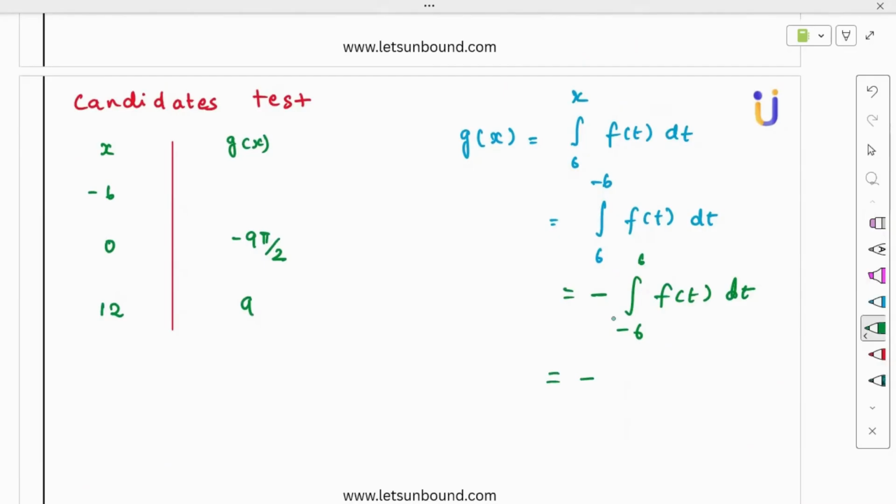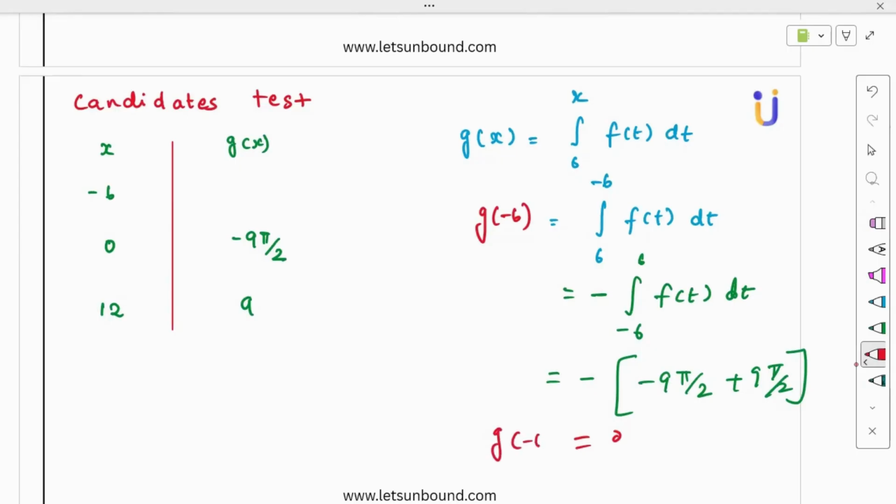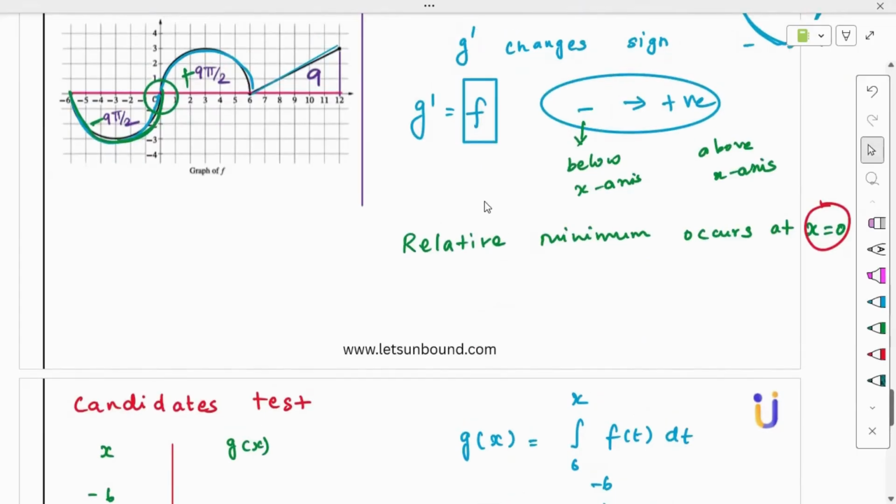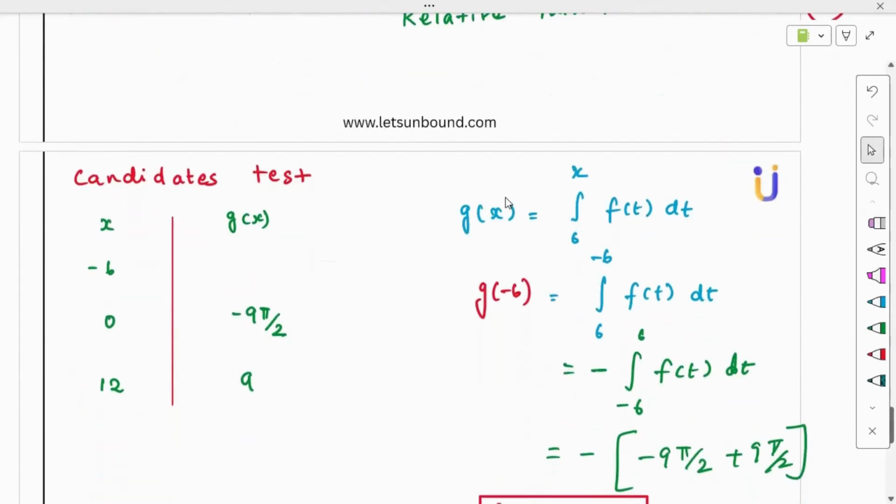Together, it is completely 0. So g of -6 is 0.